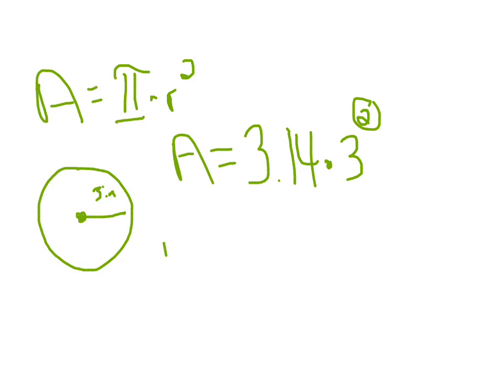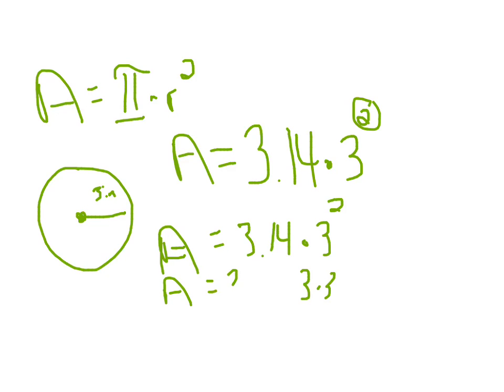So we're going to plug into our calculator 3.14 times 3 squared. And if your calculator does not have a squared button, you need to type in 3 times 3.